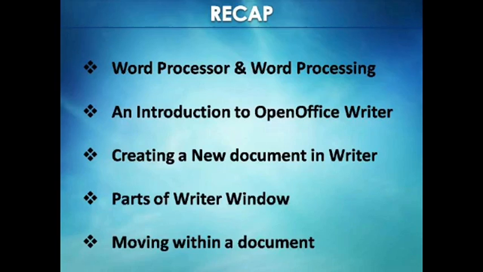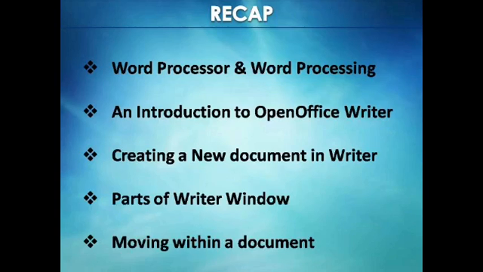Word processor is used to create, edit, manipulate, store and retrieve text document. OpenOffice Writer is one of the word processors. It is used to create and manipulate text document. So it is a component of OpenOffice which is developed by Apache company.